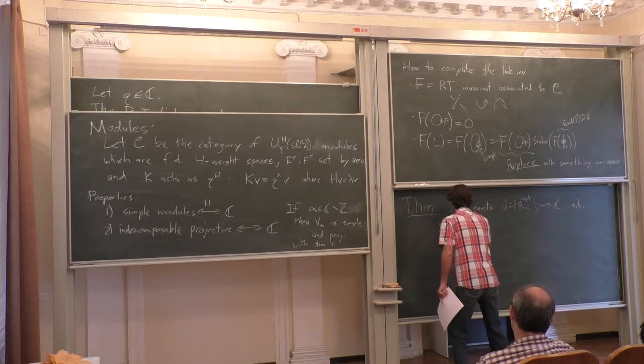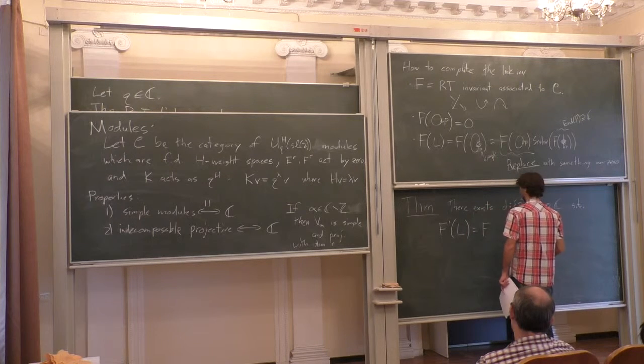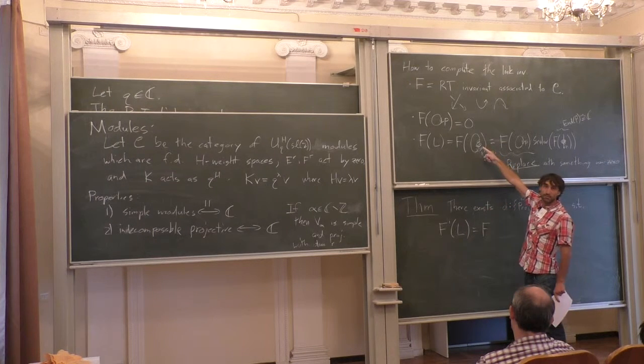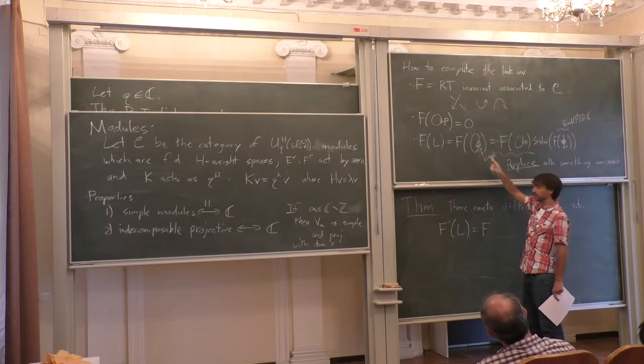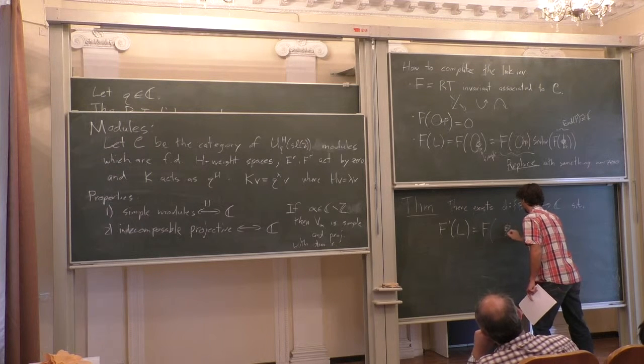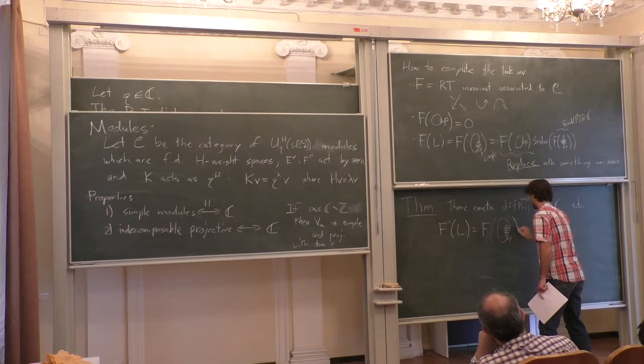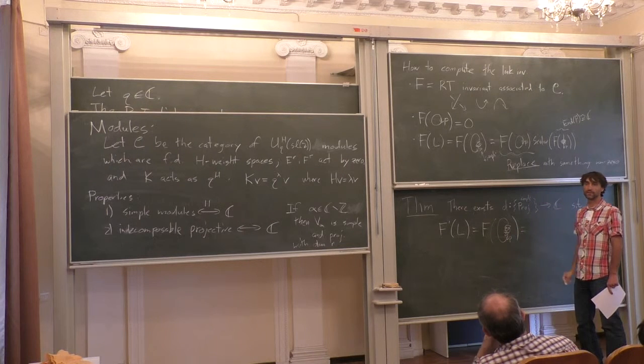f prime of a link, I write that, so I need to have one color with the projective on it. I need a simple projective on one of the components. So it looks like I have something here, and I have a projective on the outside somewhere. I can write it like this.